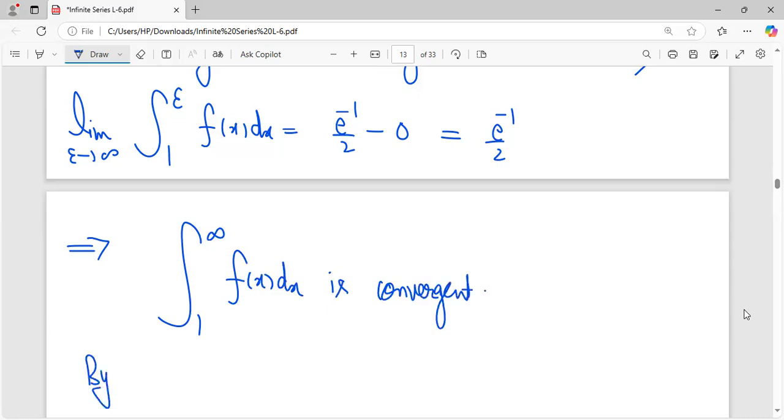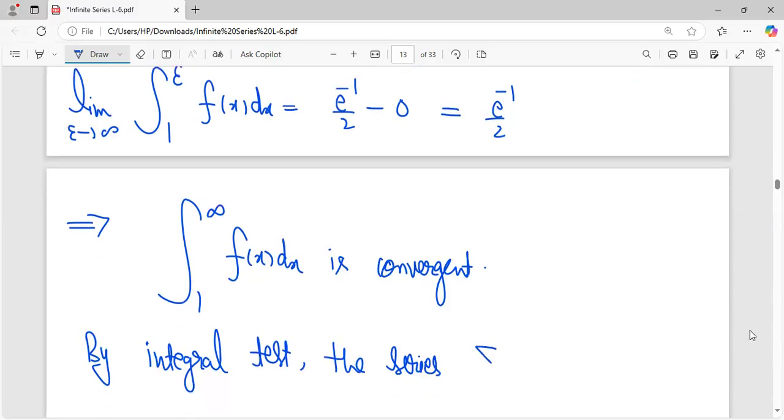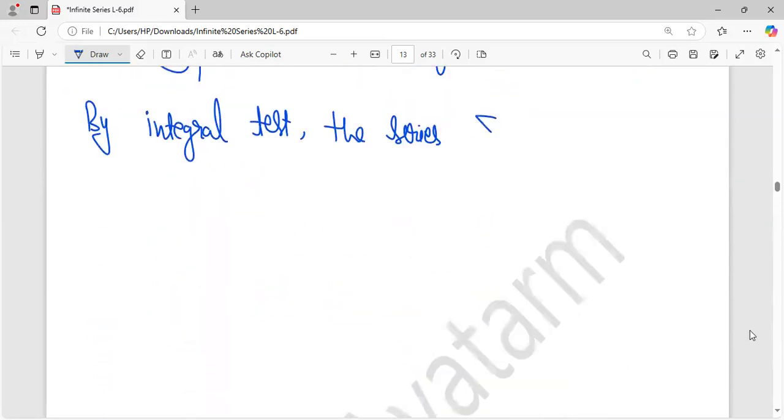By the integral test, the series summation n goes from 1 to infinity of e to the power minus n square is convergent.